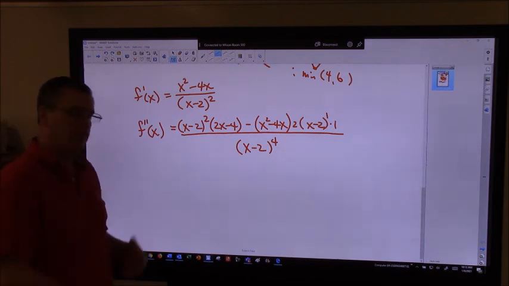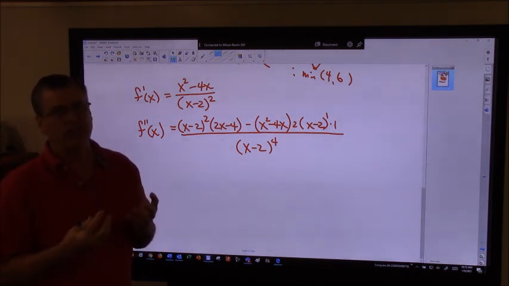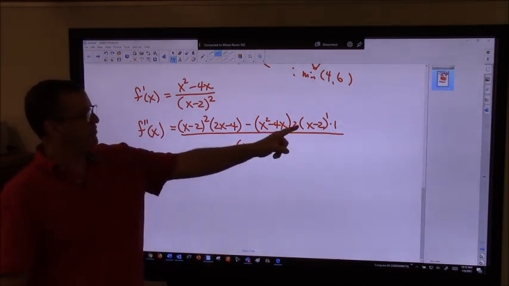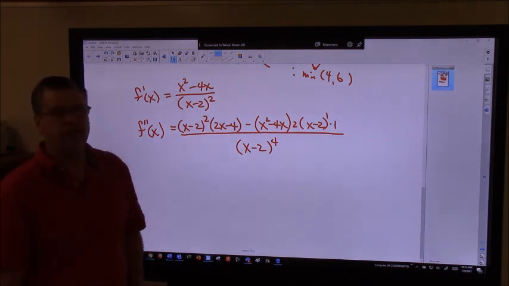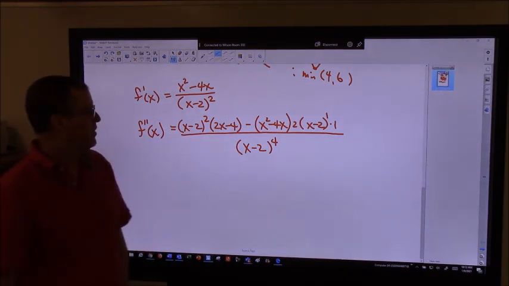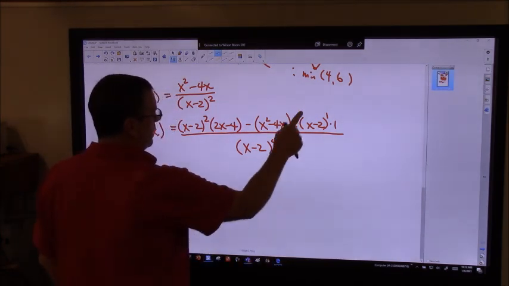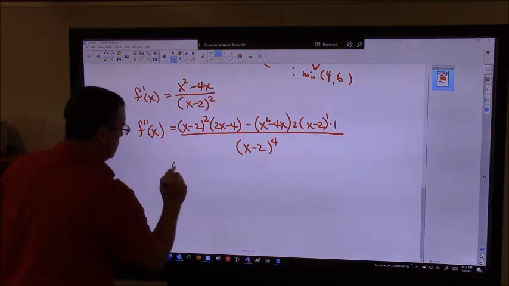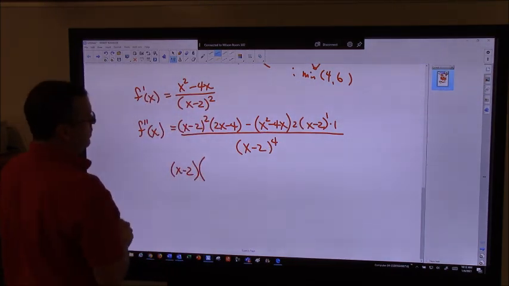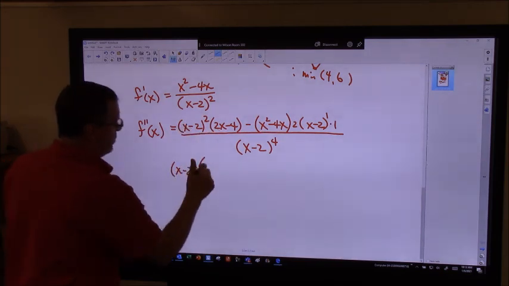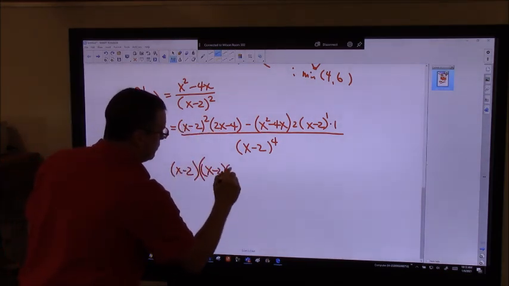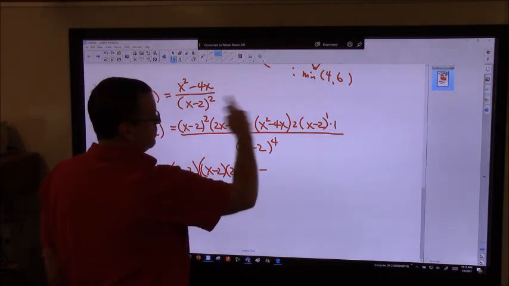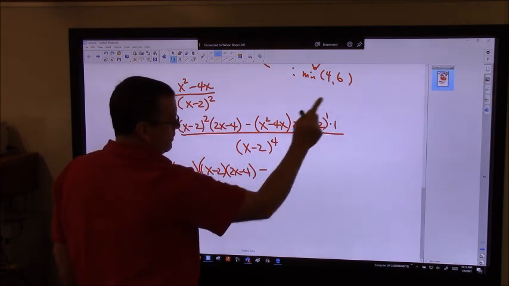One thing that I see, and this is really important to catch, if you don't catch this, from this point on it's a nightmare, is that x minus 2 is a factor in every single term. So I want to factor an x minus 2 out of here and out of here. What I'm left with is x minus 2 times 2x minus 4, minus, I took this out, I got all these 1's here, they don't do anything.